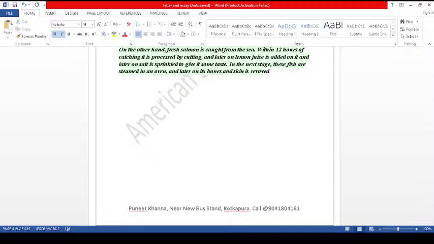Sorry, bones and skin are removed. Okay everybody, so bones and skin are removed.